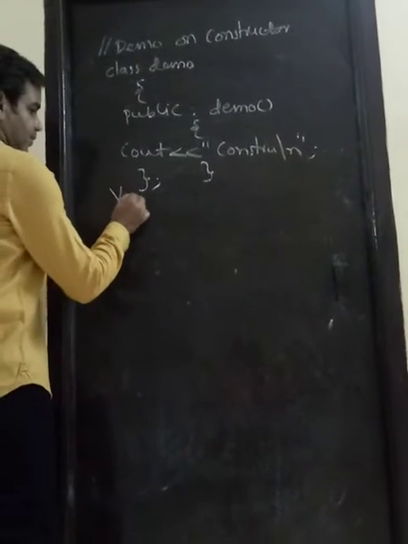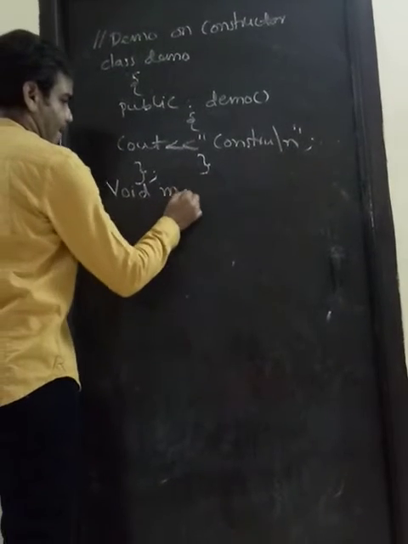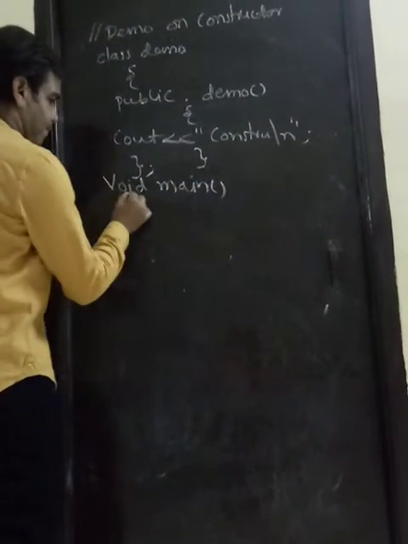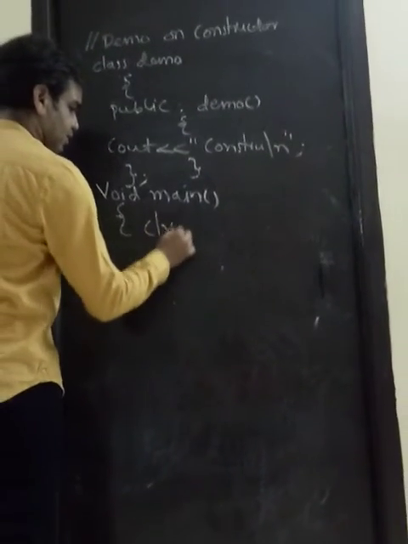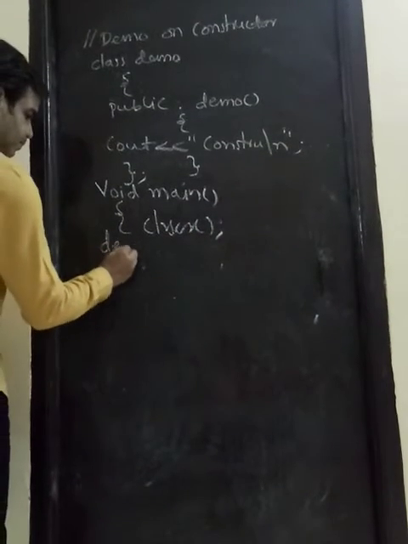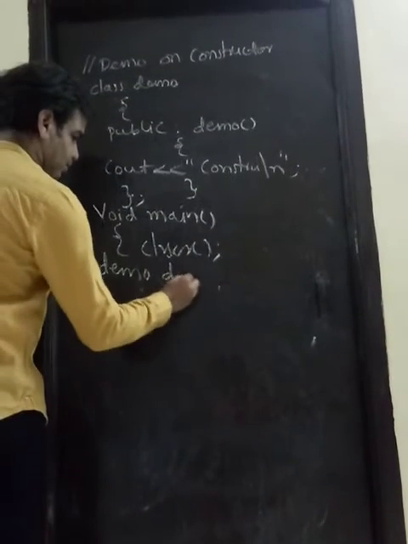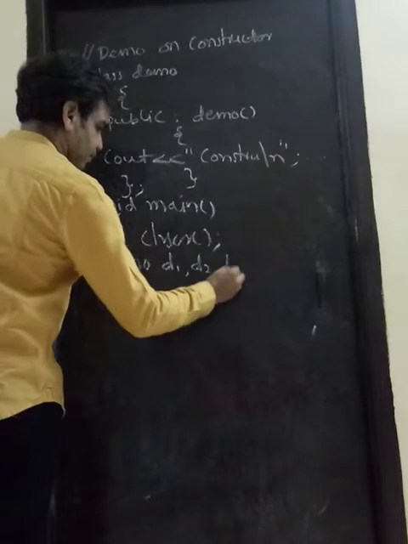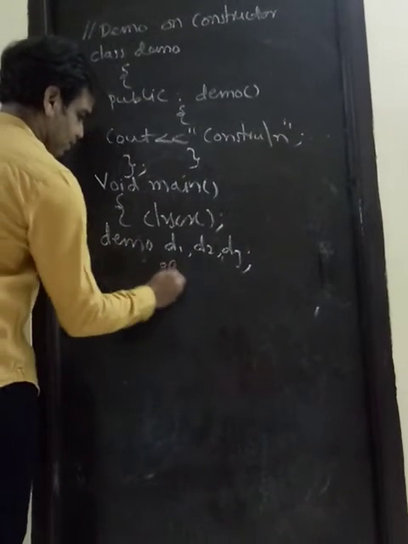In void main, first of all clrscr, then demo D1, D2, D3, then getch.